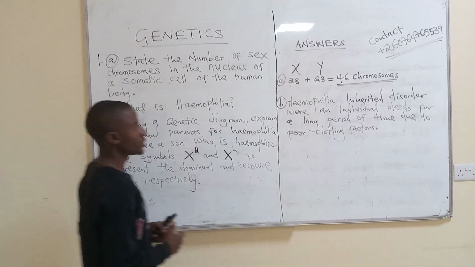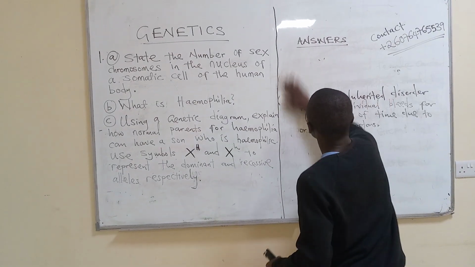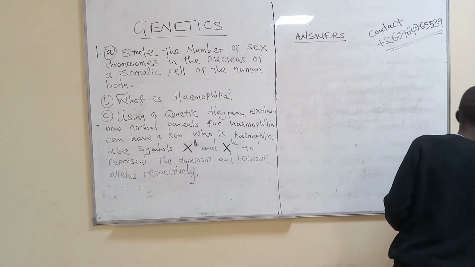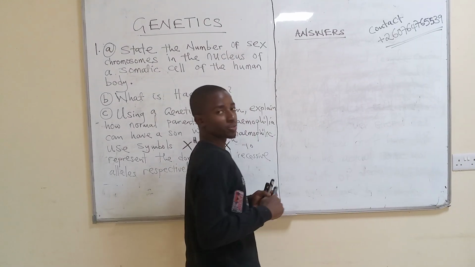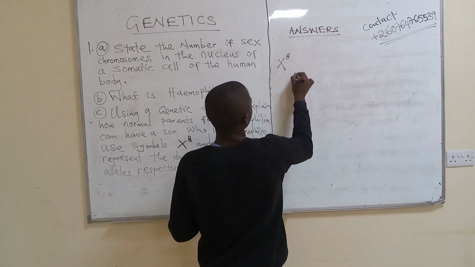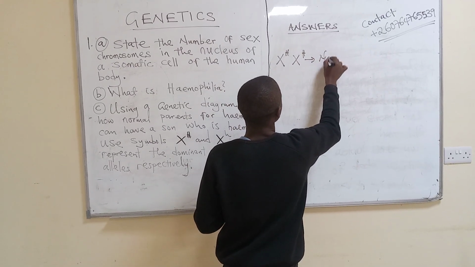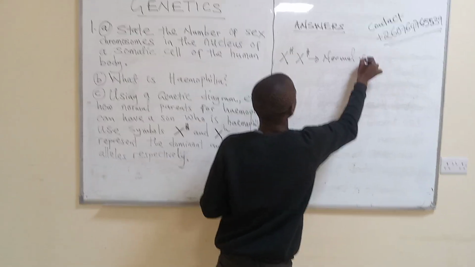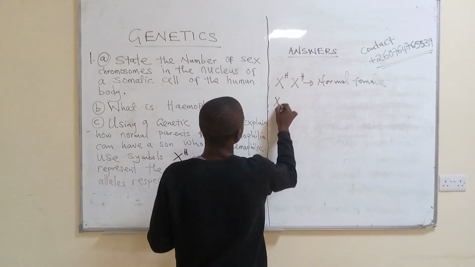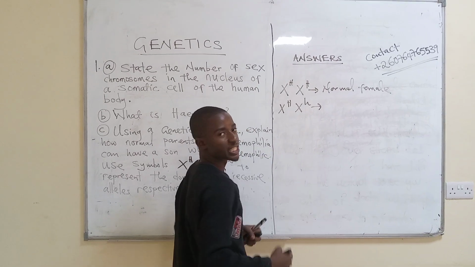So what do I mean? What you should bear in mind is this. When I have X capital H, X capital H, this is the normal female. When I have X capital H, X small h, this is the female who is normal, but she is the carrier.